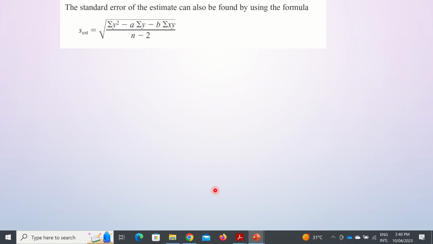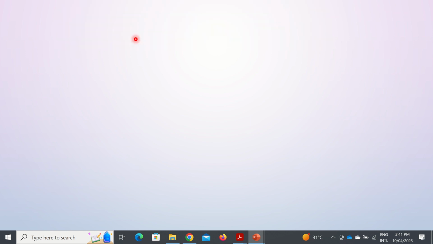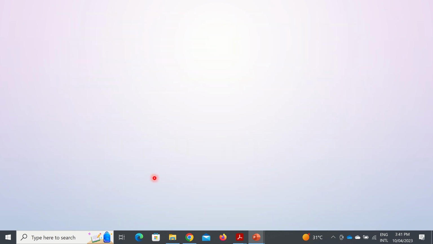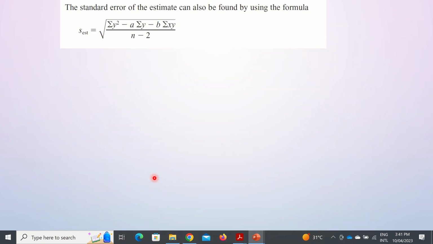We can use another short formula for this as well. If you don't want to construct a regression line, you can use this formula by replacing the value of y dash. In the previous formula, we can simply replace y dash by a plus bx, take the square and simplify it, and then you'll get this formula. You can use this formula as well.